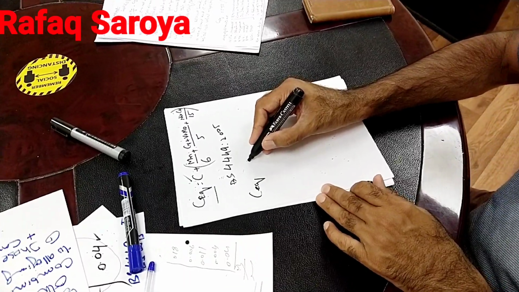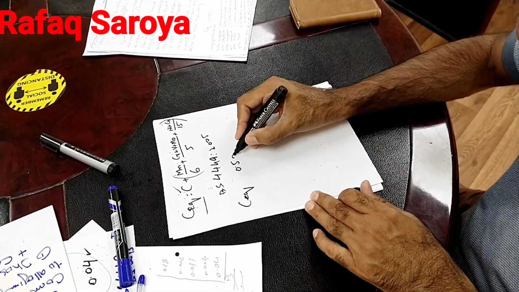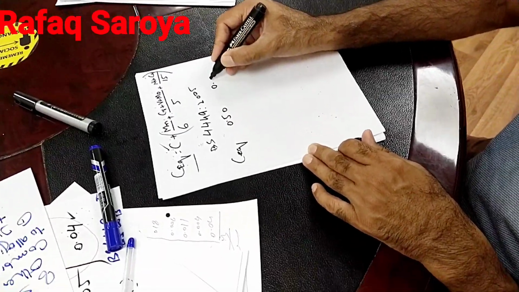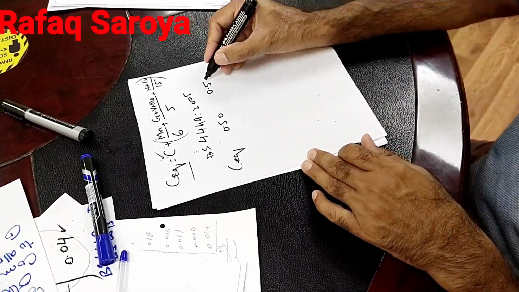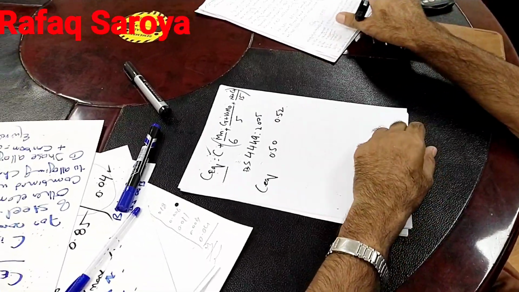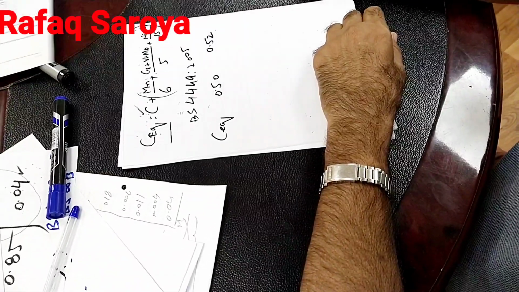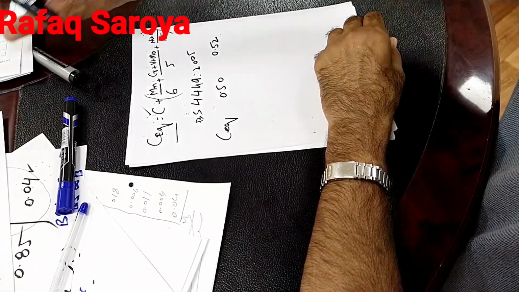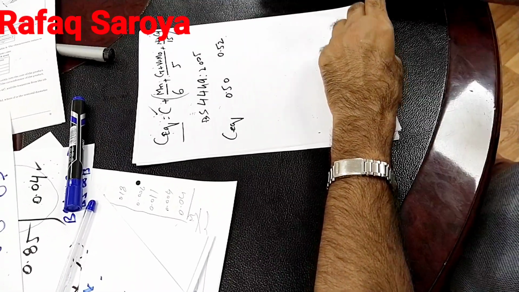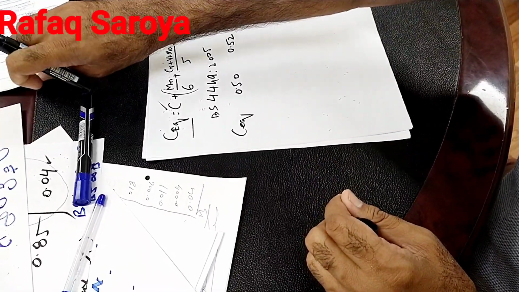The cast value should be 0.50 and the product value should be 0.55. If this value is violated, then our material is going to change its characteristics.